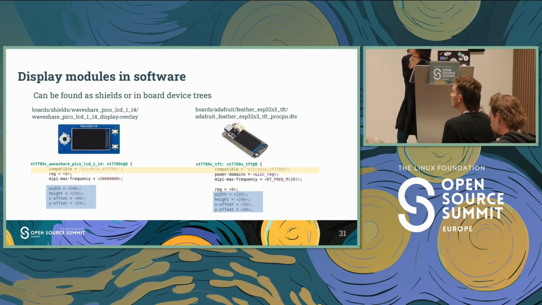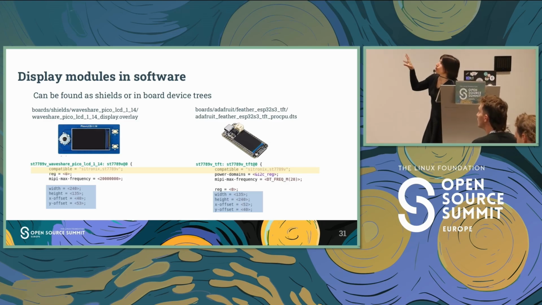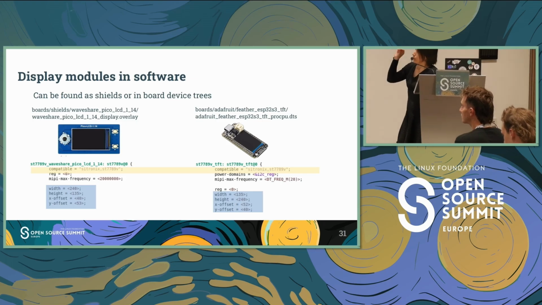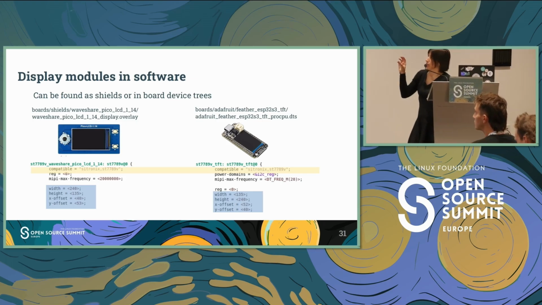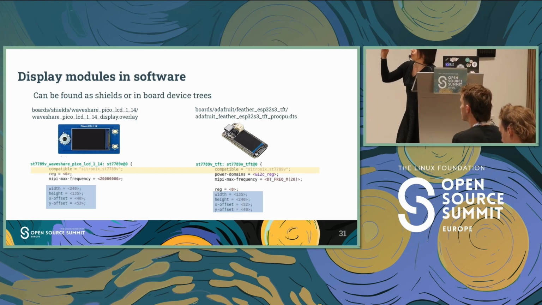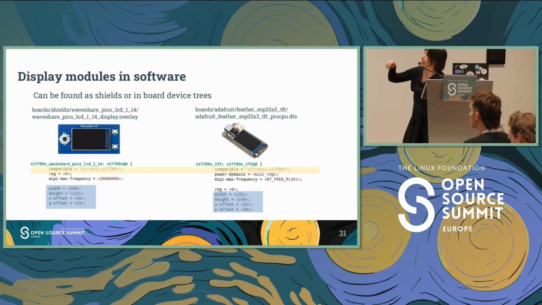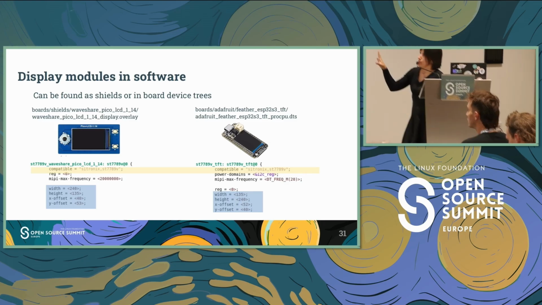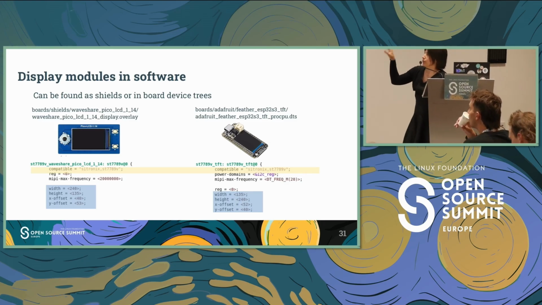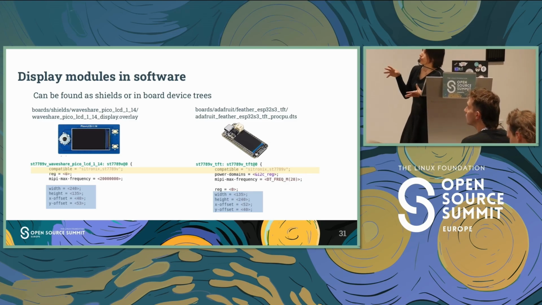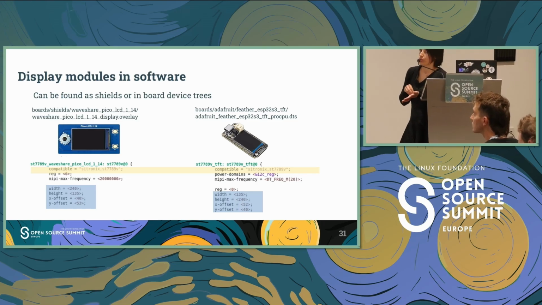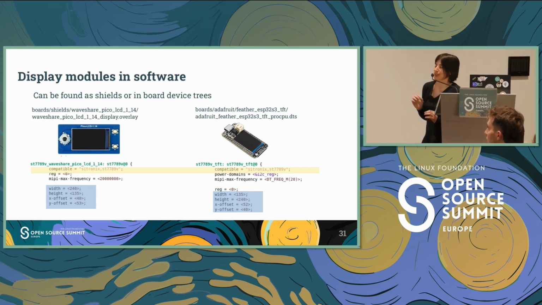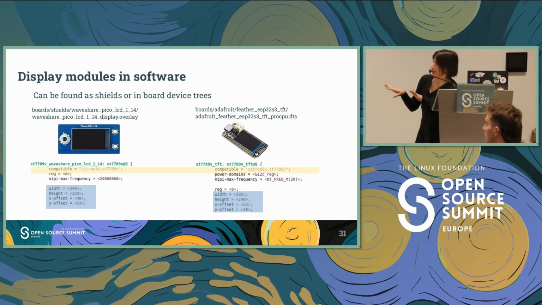But for displays that are more custom, they are put directly into the board device tree, which can be a bit tricky to understand because in that case, they are not parameters from the board directly, they are parameters from the module, so you cannot play with them or use them for rotation or whatever. They correspond to an internal cabling of the module, so probably use what you found in the datasheet and just don't touch it.